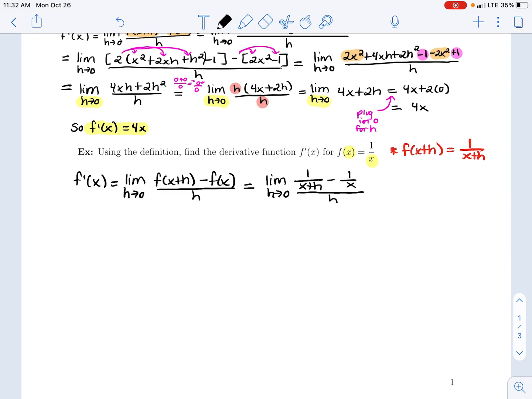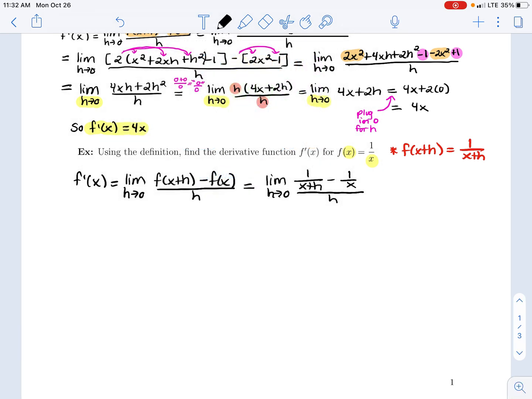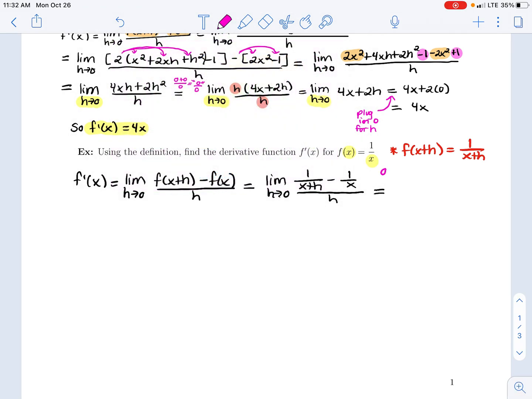Because now we need to simplify these fractions. Because what happens when I plug in 0 for h? I get 1 over x minus 1 over x in the numerator, which gives me 0. And then in the denominator I get 0. So unfortunately I get this 0 over 0 case. And so this indicates to us that we need to combine these fractions in the numerator.